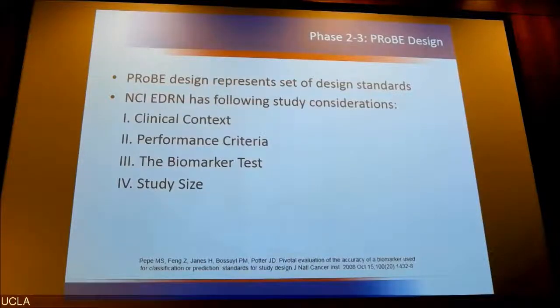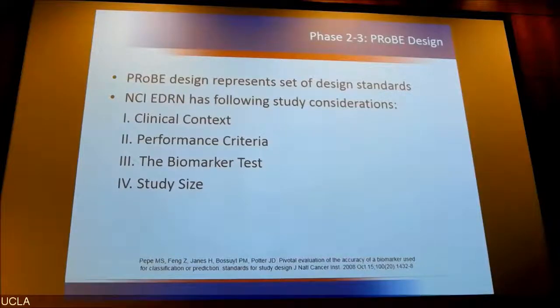To address this often systematic failure of biomarker studies to identify clinically useful markers, the Early Detection Research Network at the NCI has developed a set of study design considerations that incorporates 4 different components to consider when putting together a biomarker development and validation study.